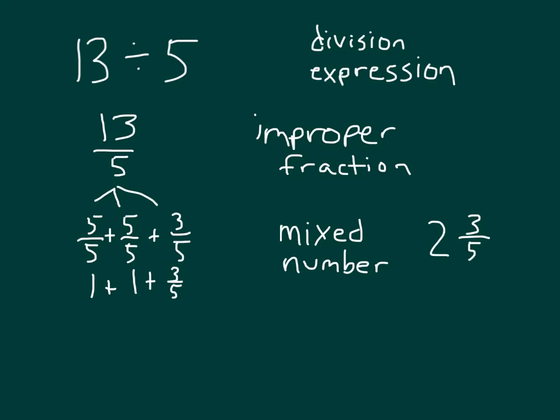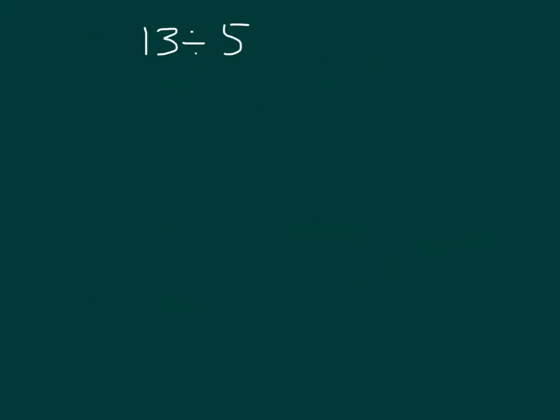We do have another way to think of this division expression, 13 divided by 5. Let's look at a standard algorithm. We will set up the problem. Here's 13, and our divisor is 5. The 1 ten cannot be divided into 5 parts.